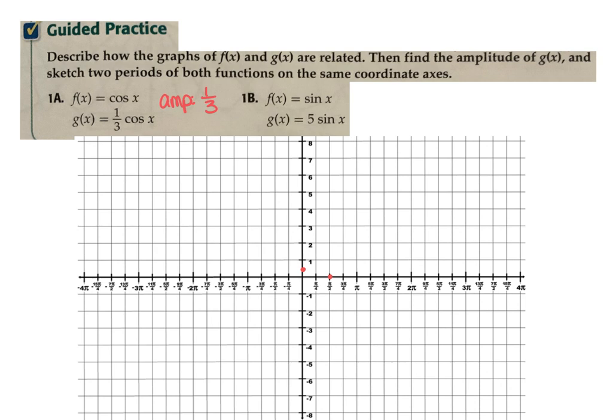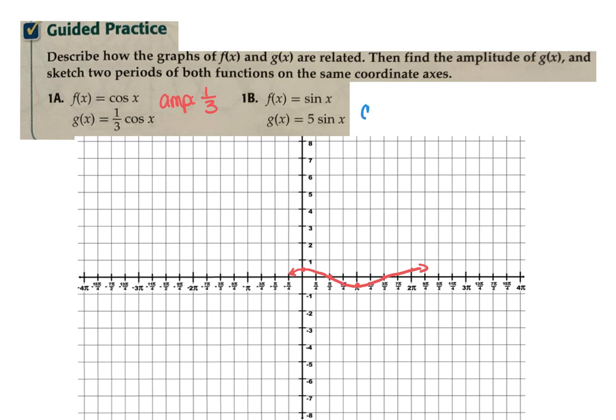Halfway through at pi, -1/3. 3/4 of the way through, back at 0. And then all the way to the end, I'm back at 1/3. So it should look something like this. Okay? That's your cosine graph.